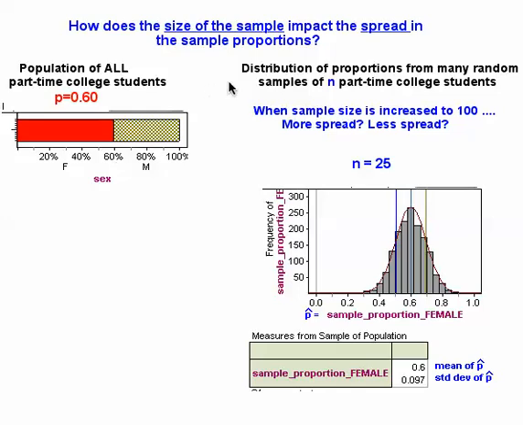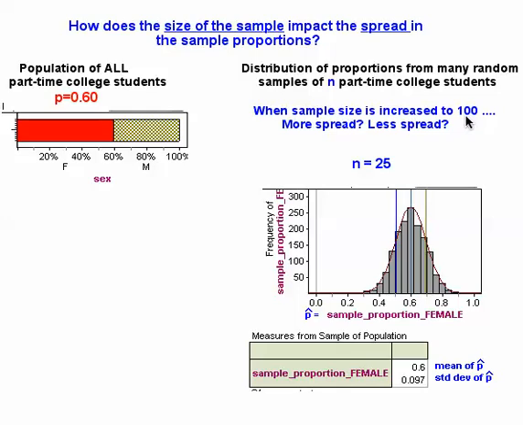Now in this movie, we're going to be comparing two different distributions of sample proportions. Both distributions will be generated by collecting thousands of random samples, but they will differ in the sample size that we use. We will return to the sampling distribution we generated in the previous movie when we collected random samples of 25 students at a time, and then we will generate a second sampling distribution using a larger sample size.